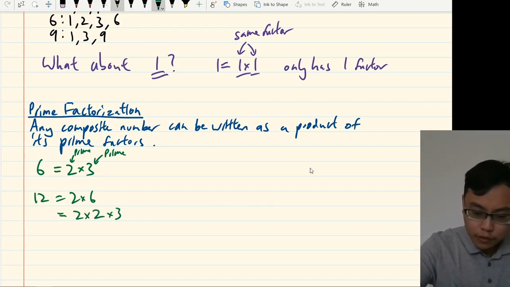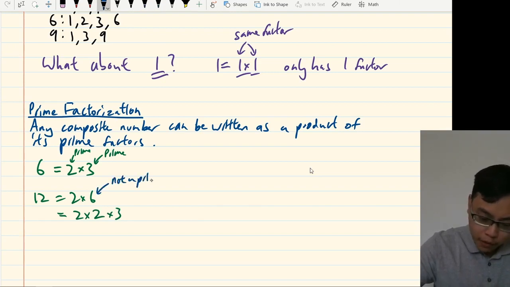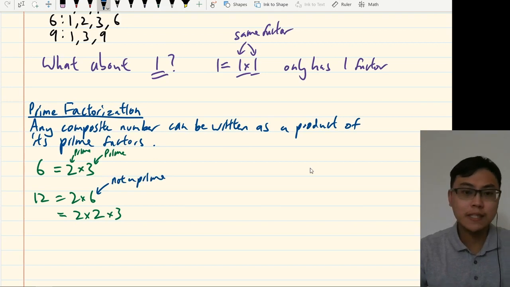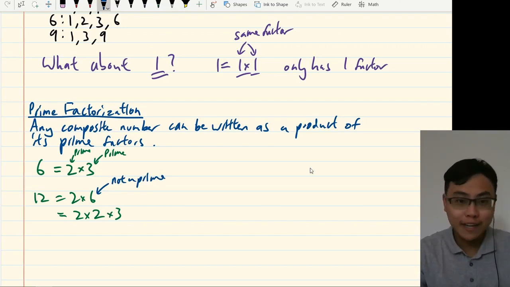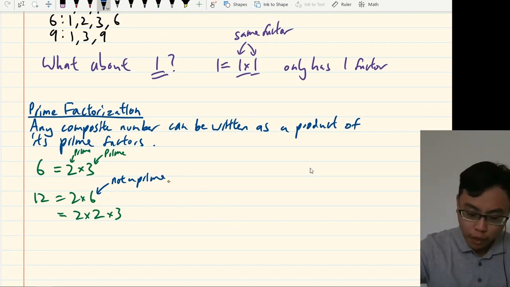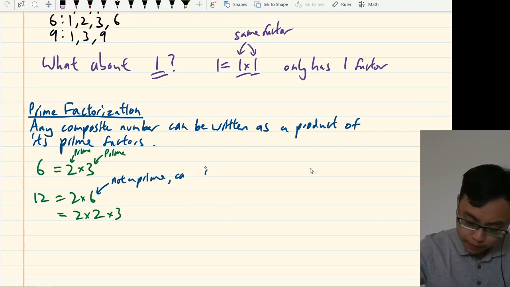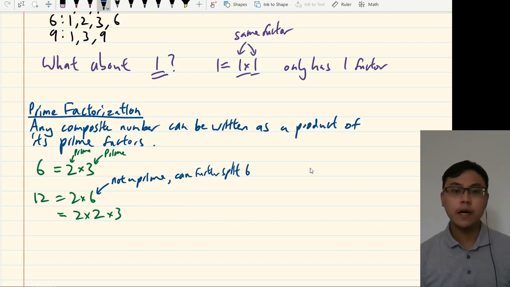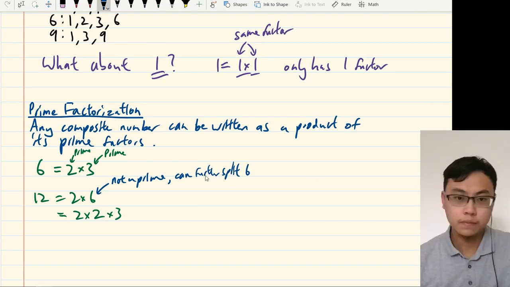Now, 6 is not yet a prime number, which means that 2 times 6 is not a product of its prime factors because 6 is not prime. We can further split 6 into its prime factors.